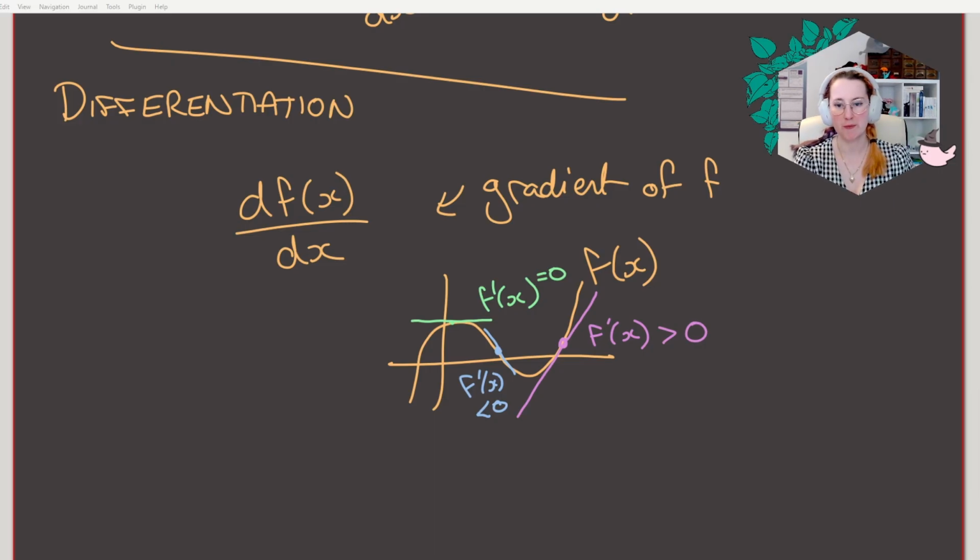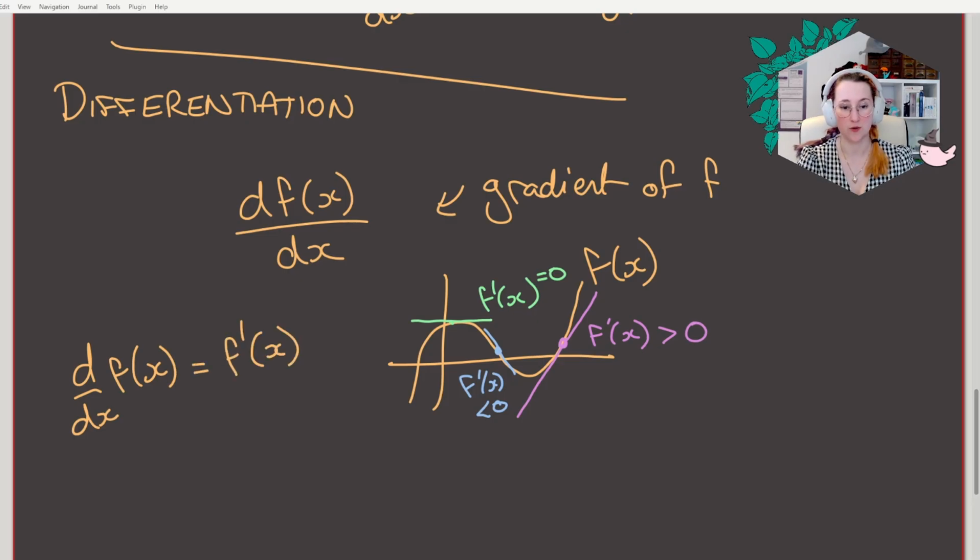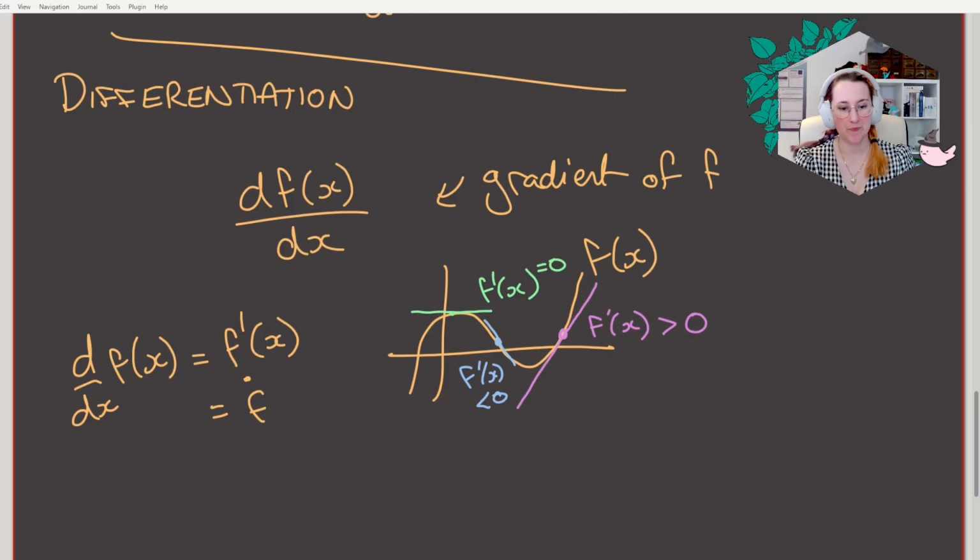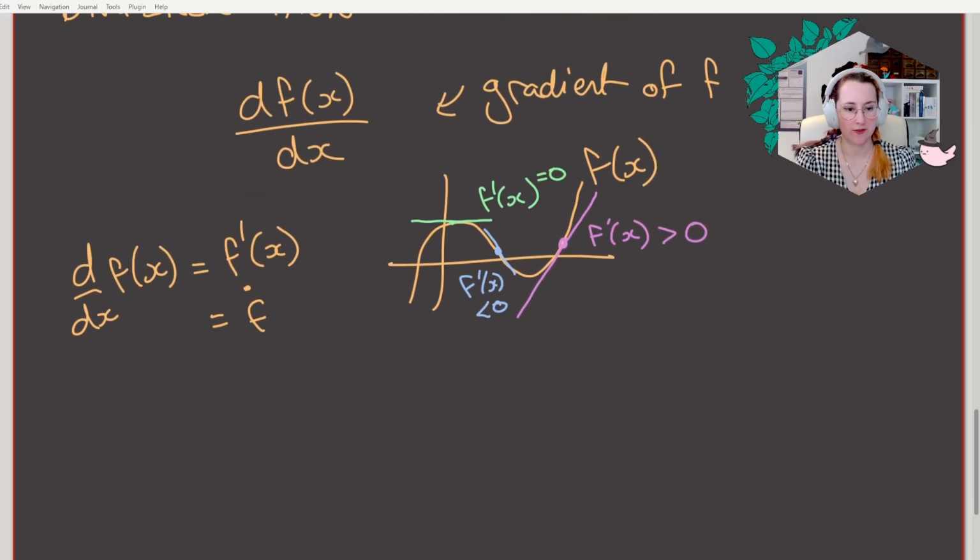Other notation we might use: here I've done d dx of f of x, which is the same as saying f dash of x, or potentially f dot. Dots we typically use to denote derivatives with respect to time, but it can be done. And then we also have the second derivative, so this is the first derivative because we only do that function once.